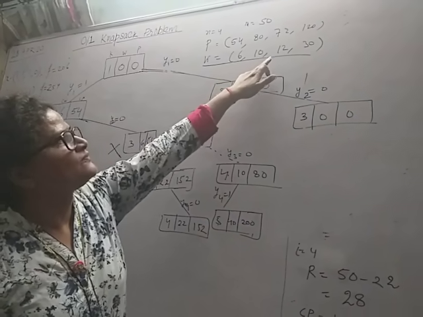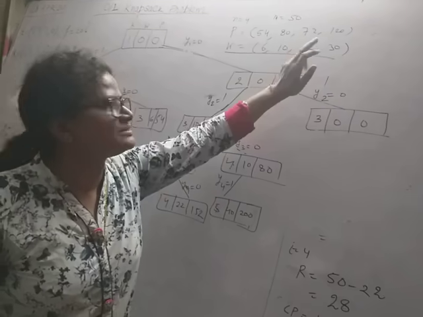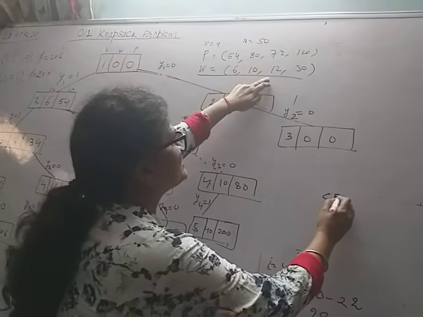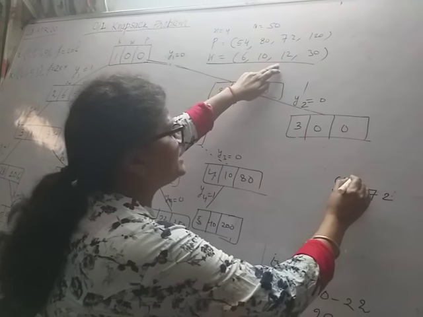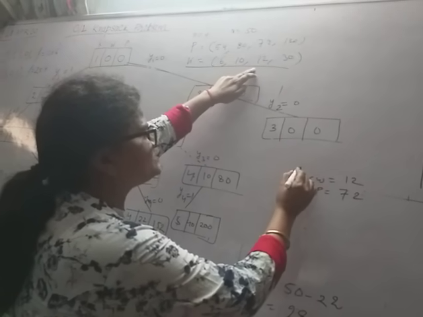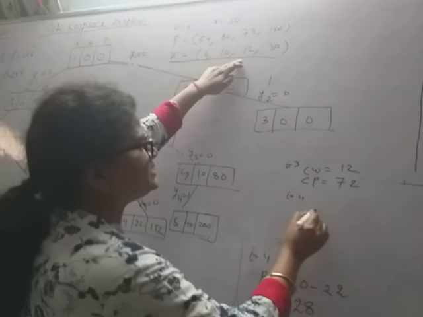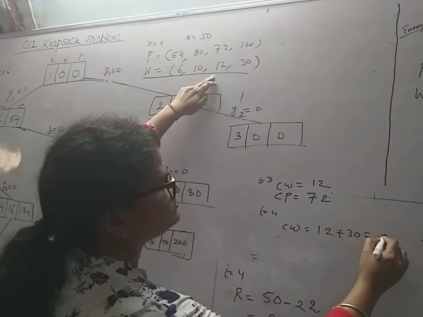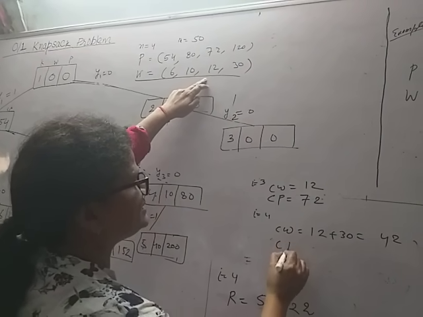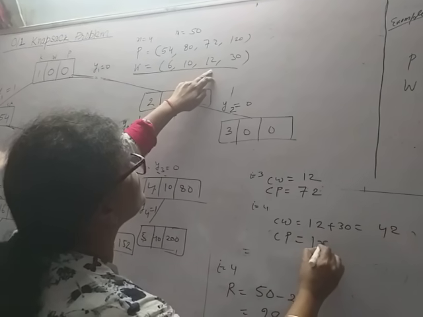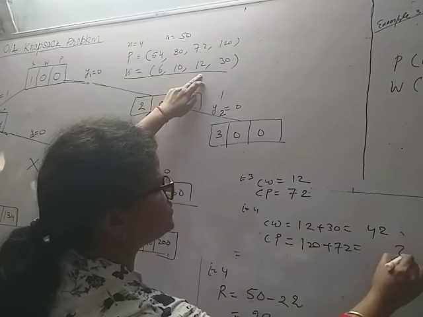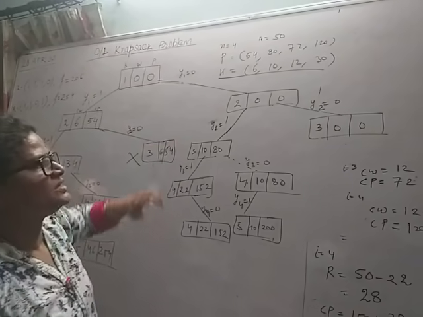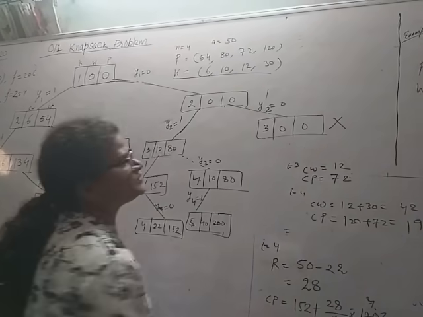Here just the third and fourth objects are remaining. The third object can be added, so its current profit is 72 and the current weight is 12, that is I equal to 3. I equal to 4, the current weight will be 12 plus 30, that is 42, and the current profit is 120 plus 72, that is 192. 192 is less than 254, so we will not move to this branch.